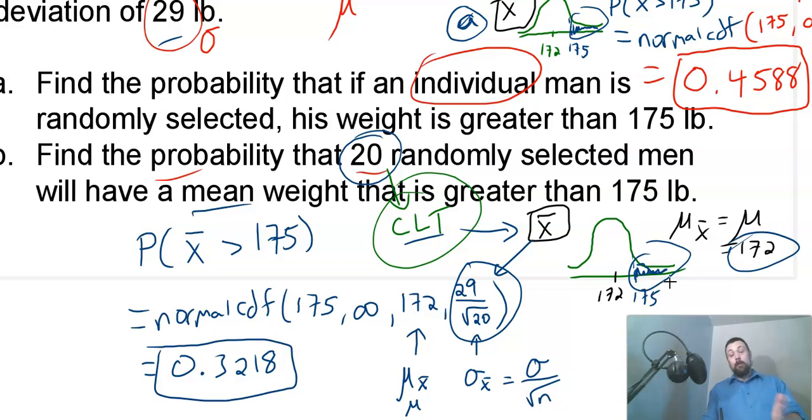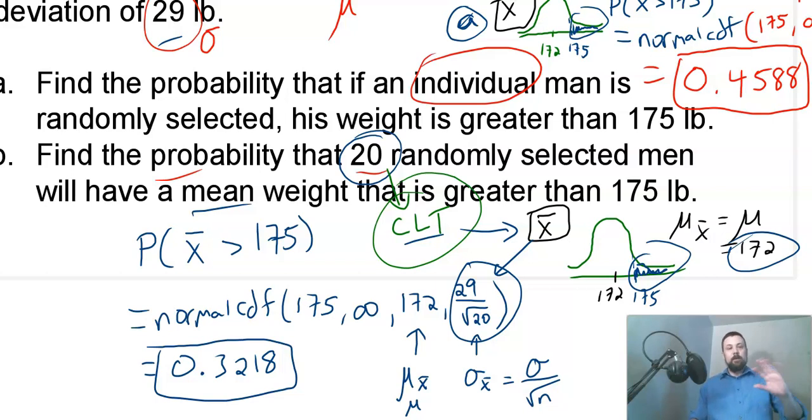So even just going a little bit further, like 180, 185, because to have the average shift that far for 20 men, that's hard to do because you'd have to have a lot of men over the average weight to shift the average of those 20 people that far to the right. Whereas for an individual, it's not that hard to find one person whose weight has shifted that far to the right. But to have 20 people with their average shifting that far to the right is more difficult to accomplish.